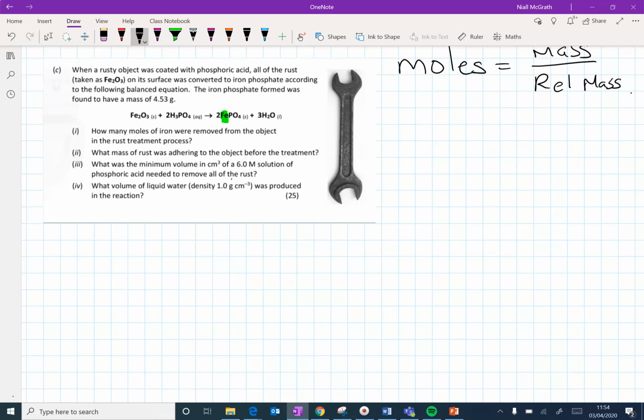So our formula again is moles equal to mass over relative mass. The relative mass of the iron phosphate is 151. The mass that we have is the mass given in the question of 4.53 grams.